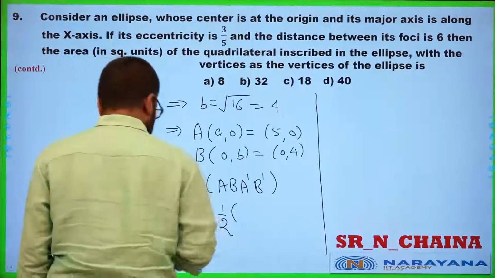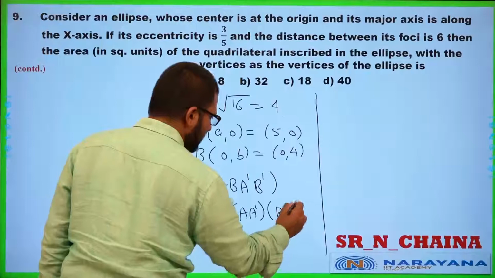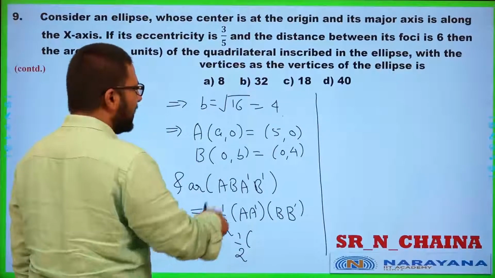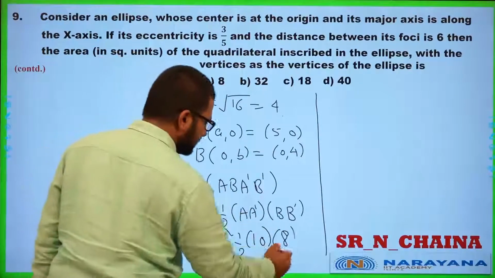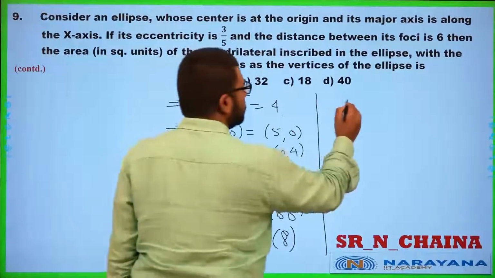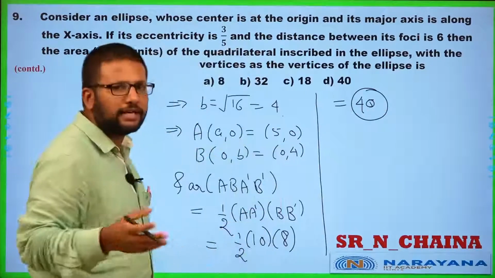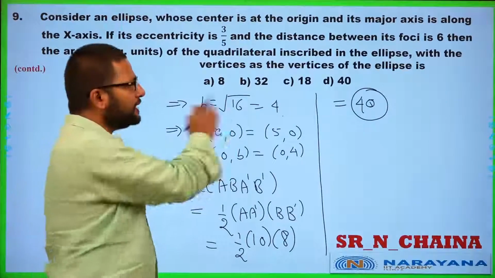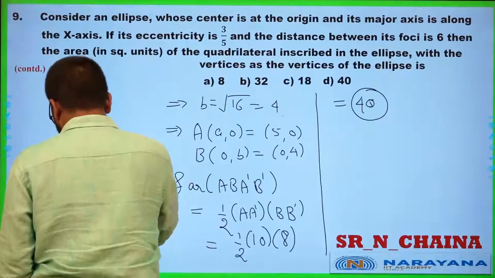So how much is it? Half of A A' into B B', which is half of 10 into 8, correct? Half of 80, which is 40. That's all. You could also have said that it is 4 triangles, take the area of each triangle, multiply by 4, and you will get the same answer. Got it? Okay, then let us proceed.